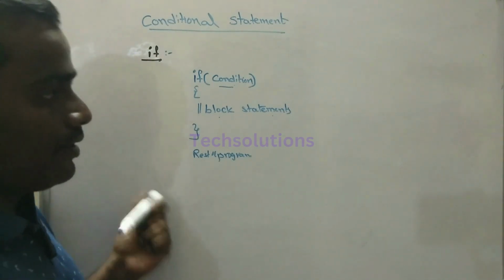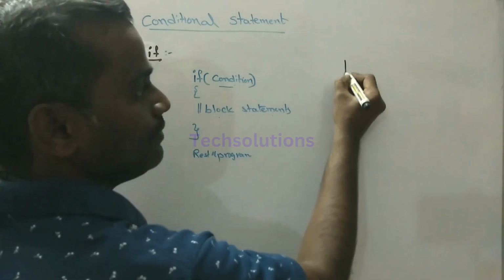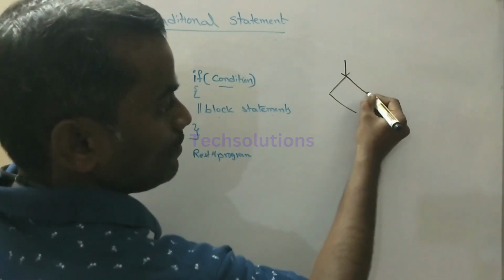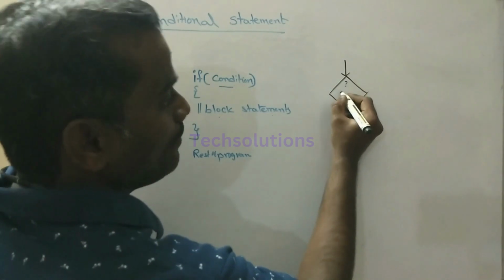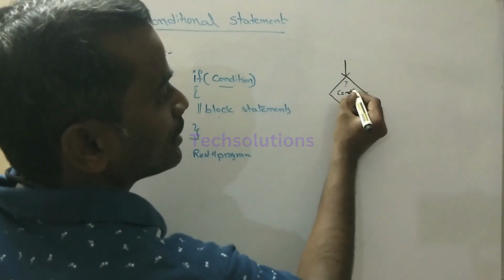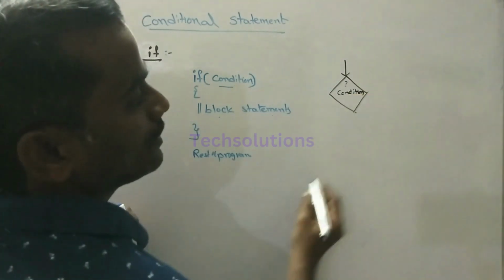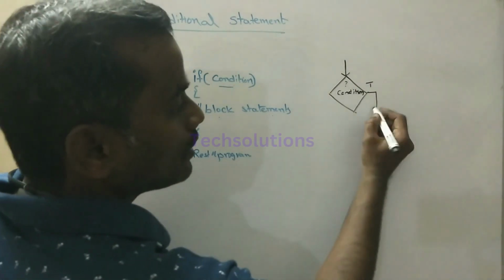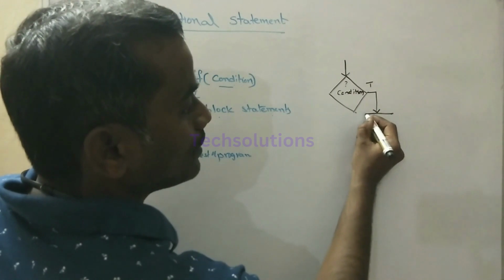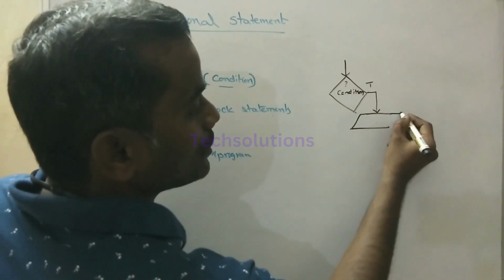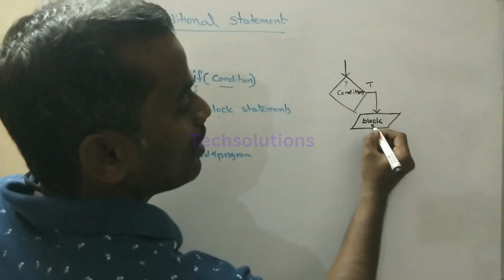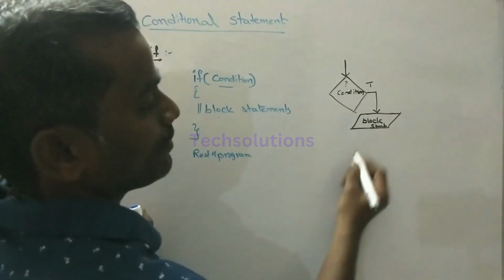Now we can also write a flow chart for the simple if. Suppose we write the condition. If it is true, then we can execute a particular block of statements.